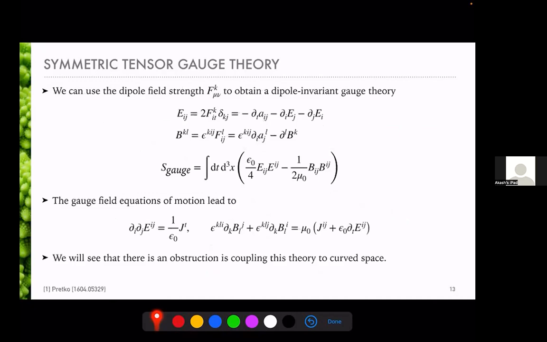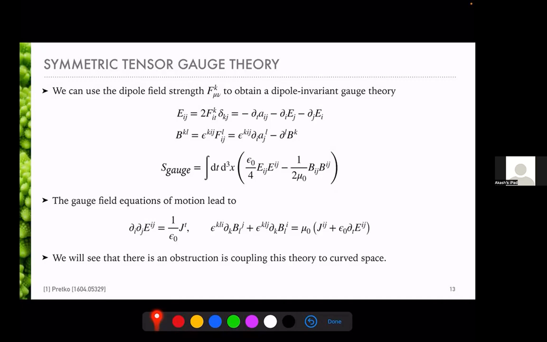Now, once you have that, then it just becomes a tensor counting exercise to create an action. So you can define something known as electric field or dipole electric field, which is essentially some components of this Fk mu nu, and similarly you can define a magnetic field, and you can write down something like that. So this is the dipole generalization of Maxwell's theory, if you will, and you can construct similarly the Maxwell's equations.